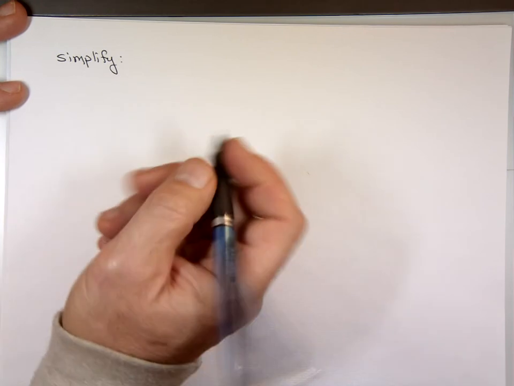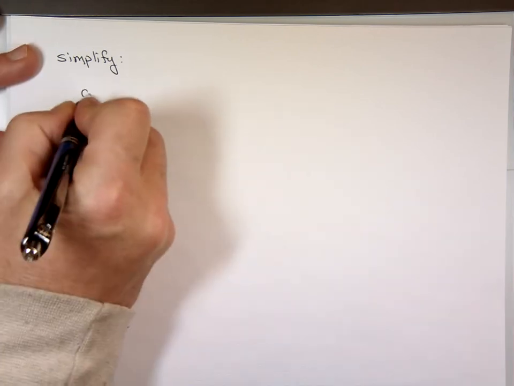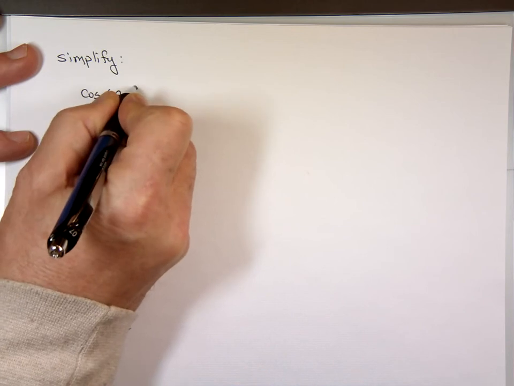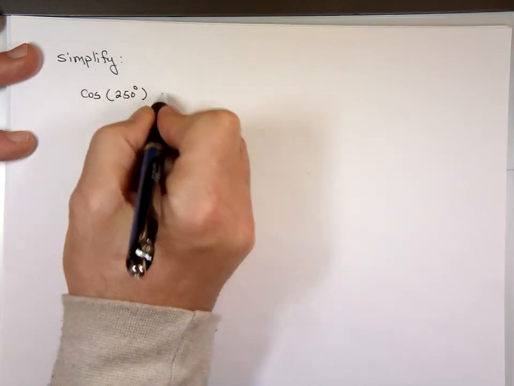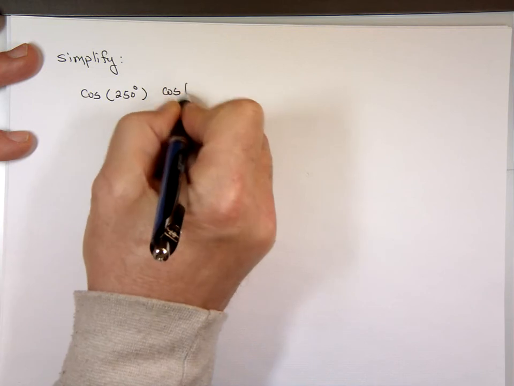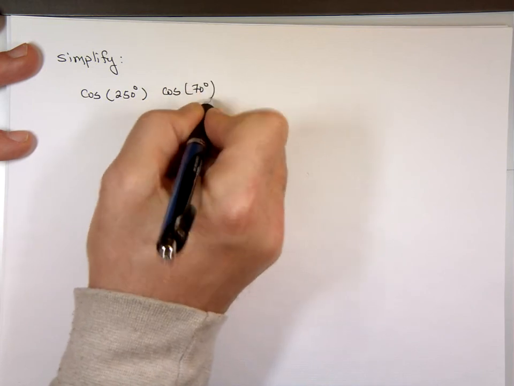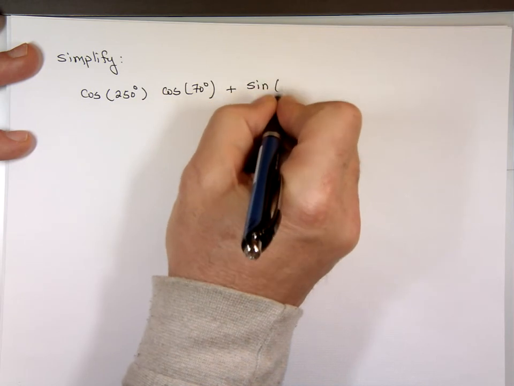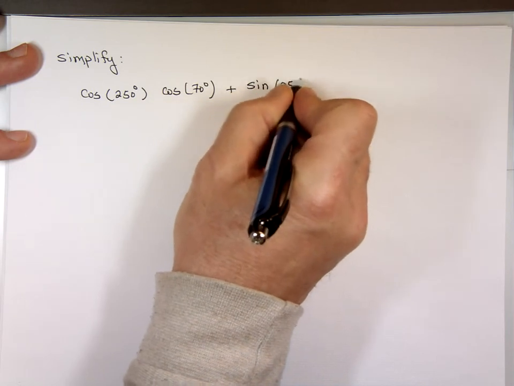Cosine 250 degrees cosine 70 degrees plus sine 250 sine 70 degrees.